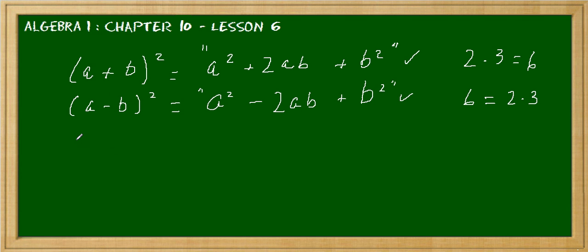So, if possible, write 4x squared plus 12x plus 9 as the square of a binomial. Okay, well, let's write that down. First thing we should always do in math is write our problem down. I see students that don't like to write the original problem down.